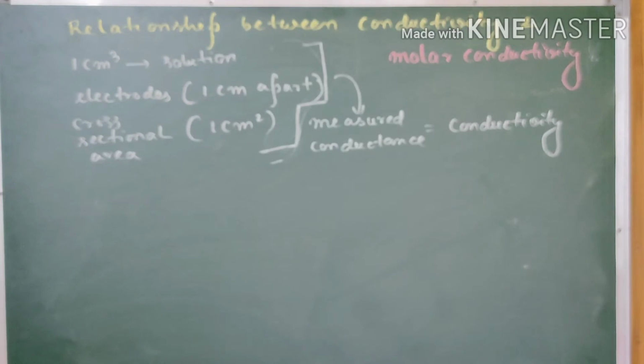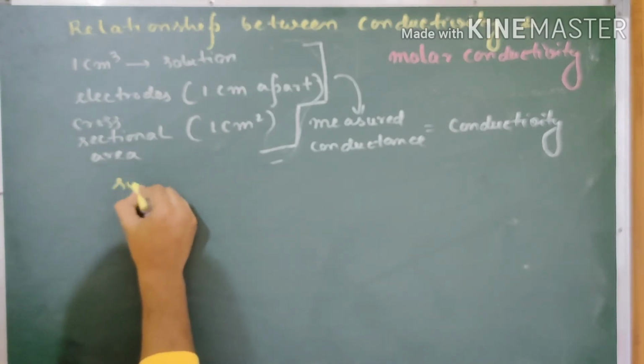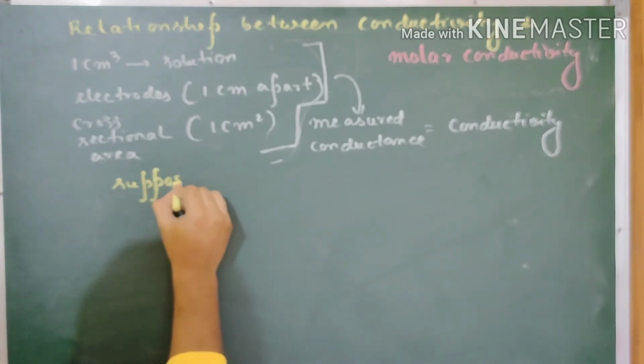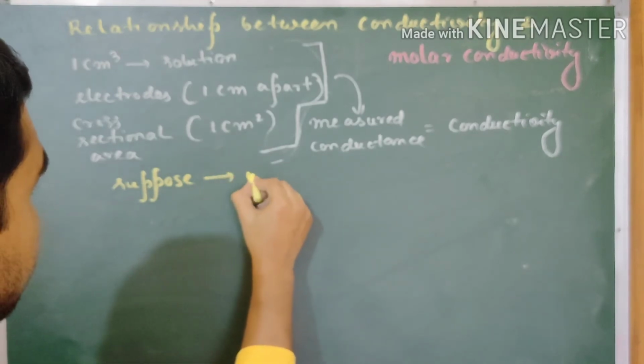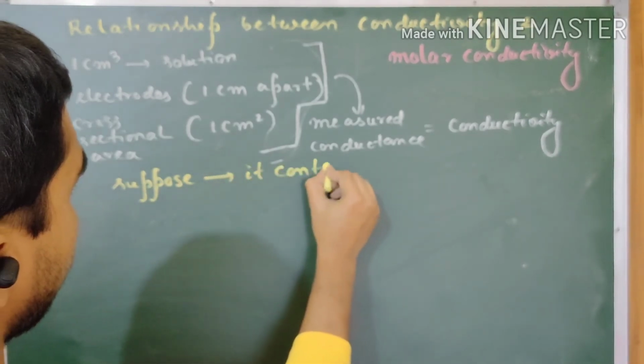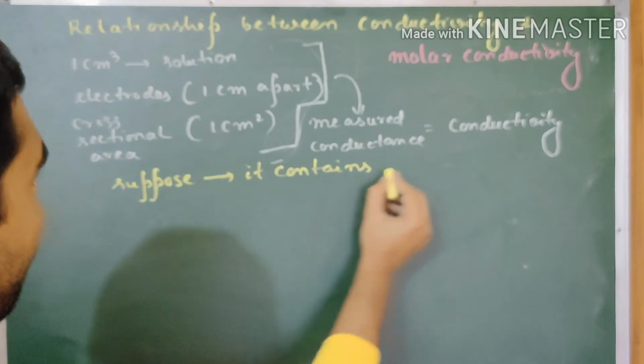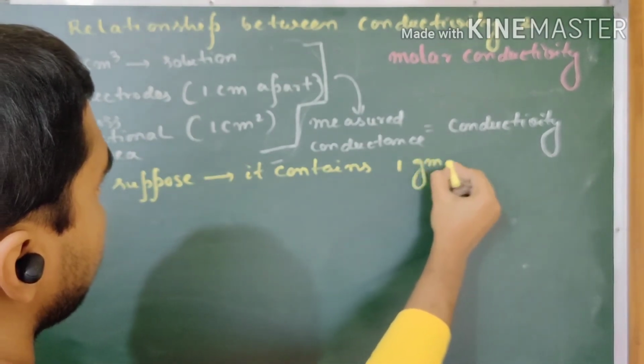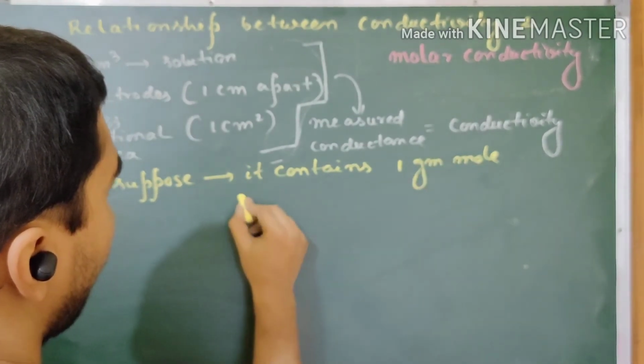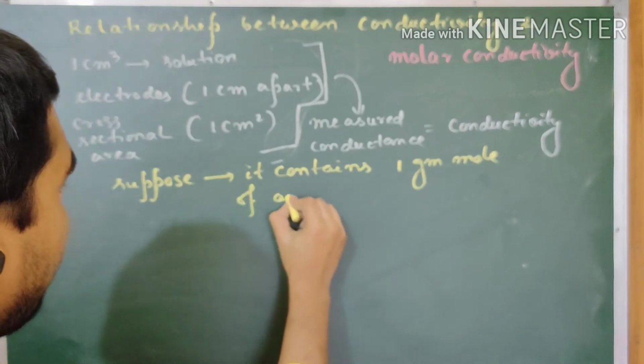Further, suppose that this solution contains 1 gram mole of an electrolyte. We have to keep that in our mind.